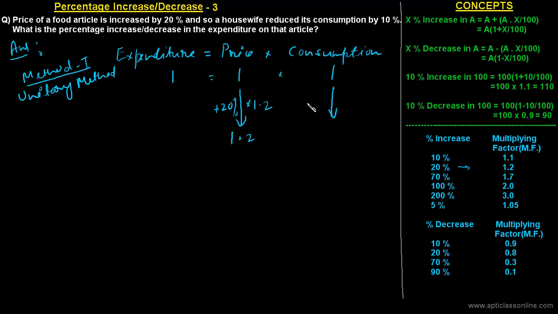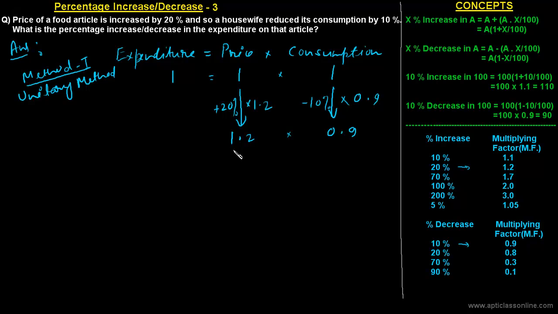So the consumption was reduced by 10%. If there is a 10% reduction or 10% decrease, then the multiplying factor is 0.9. So the value will become 0.9. 1 into 0.9 is 0.9.